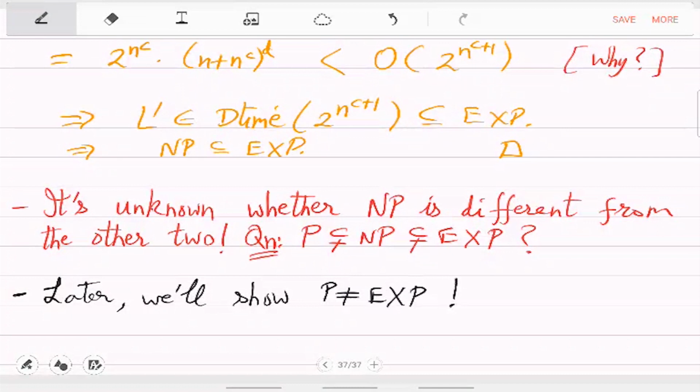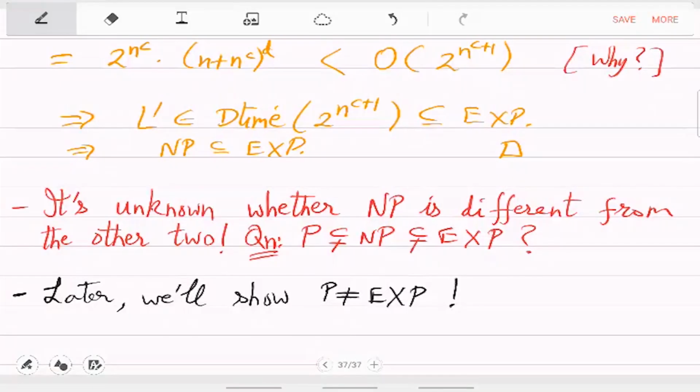Which means that there is a big margin between P and EXP, but you don't know whether NP is closer to EXP or closer to P. Those are the open questions.